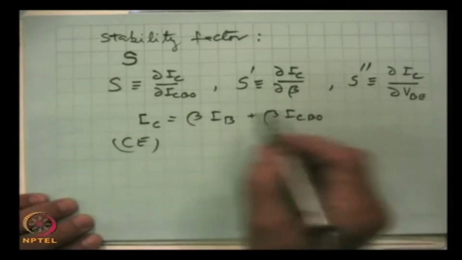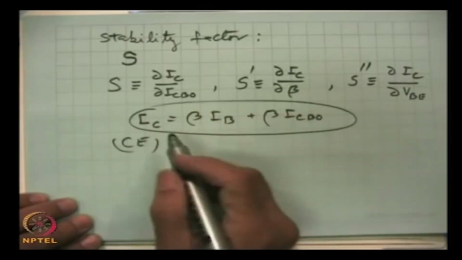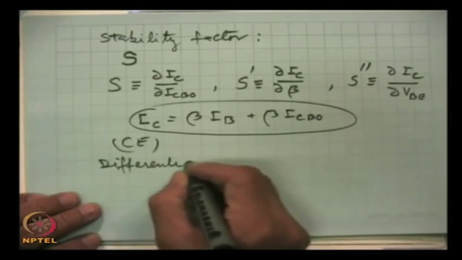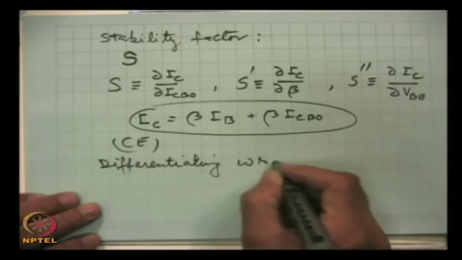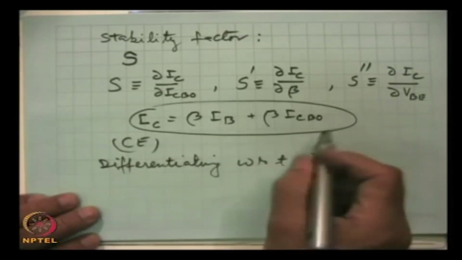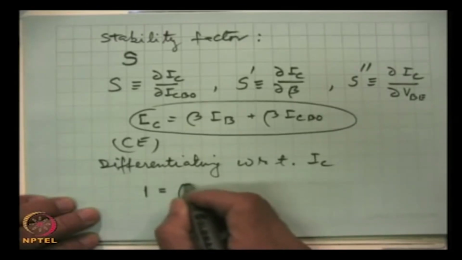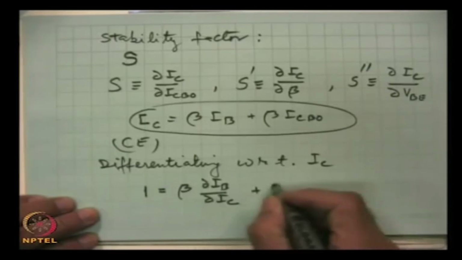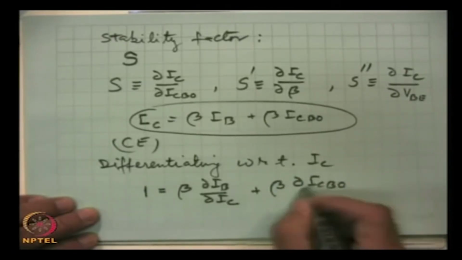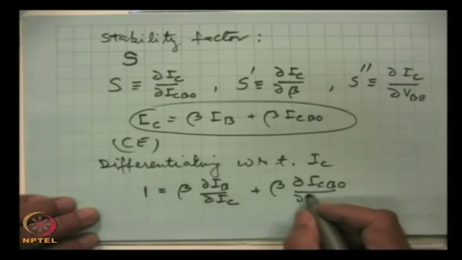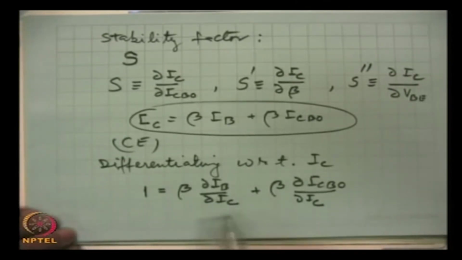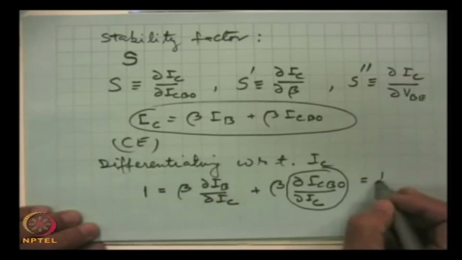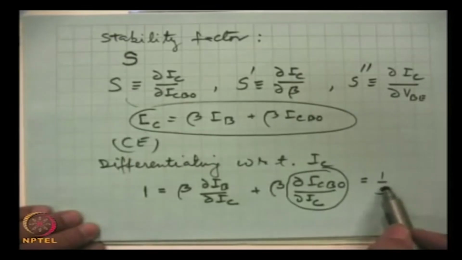If we, for example, differentiate this equation with respect to current, that means differentiating with respect to IC this equation, then we will get 1 equals beta dIB over dIC plus beta dICBO by dIC. Now, this term is equal to 1 by S.